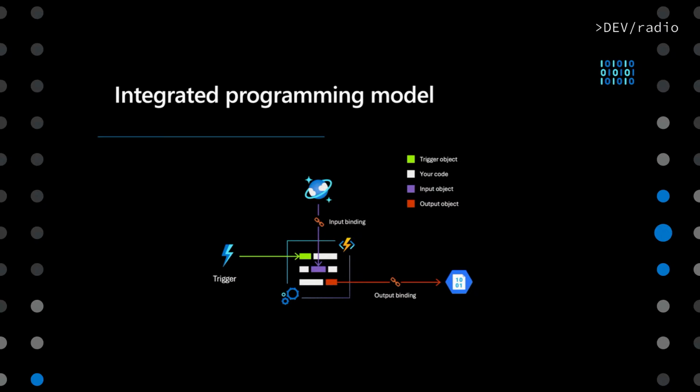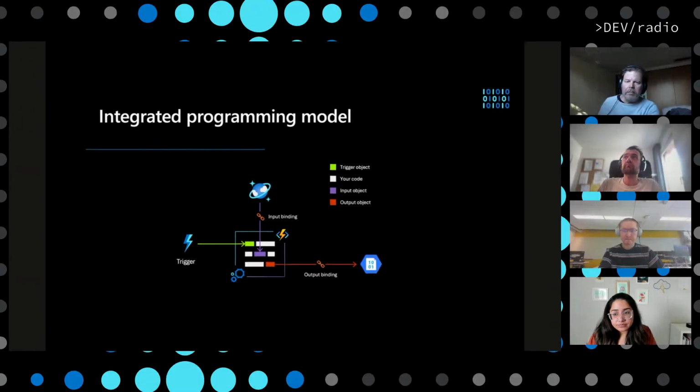And then we also have input and output bindings, which are optional, and they're just what they sound like. They relate to ingesting data or outputting data as well. And then we have the most important, which is your code. That's your business logic. That's what you want the function to actually do. So hopefully these terms help as we go further into the presentation.